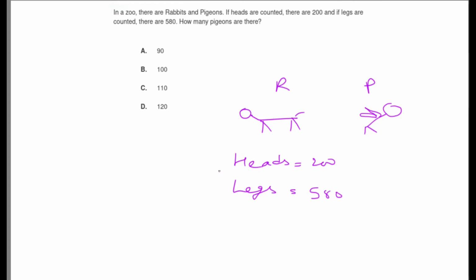So we are given the legs and heads count and we have to find the number of pigeons in the zoo.